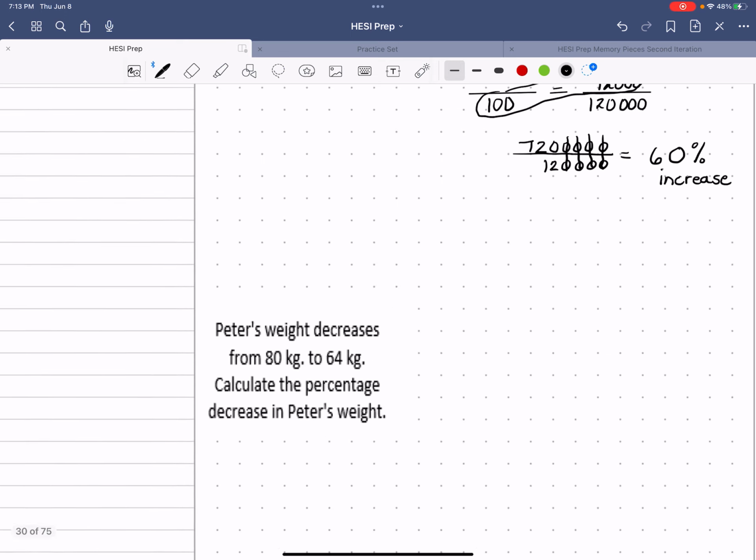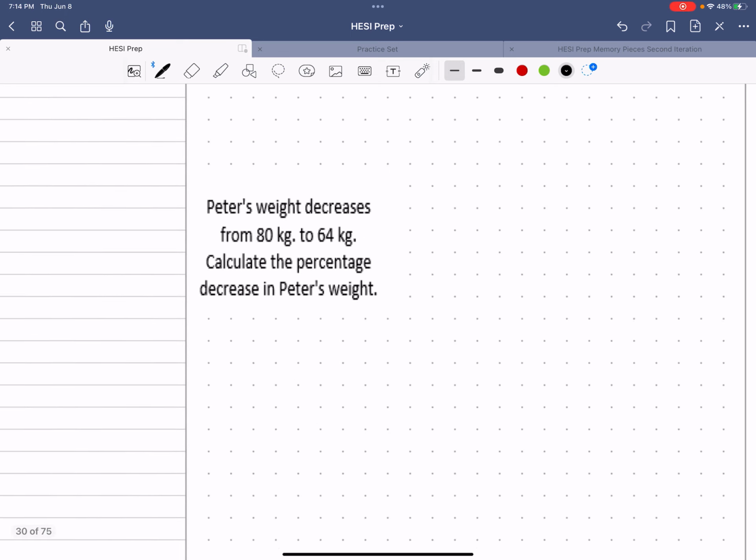Okay, the one at the bottom, this is a good question for nurses. This is one of these is on the dosage math final test, I think, something very similar. Peter's weight decreases from 80 kilograms to 64 kilograms. And you want to check the units to make sure they match.